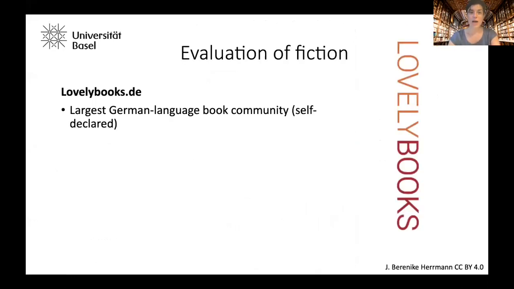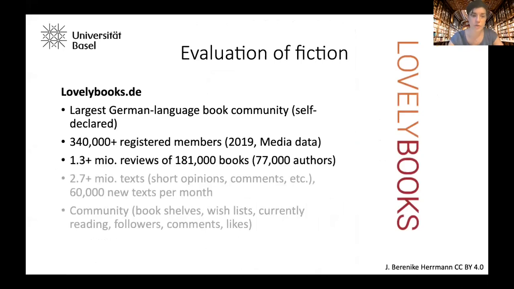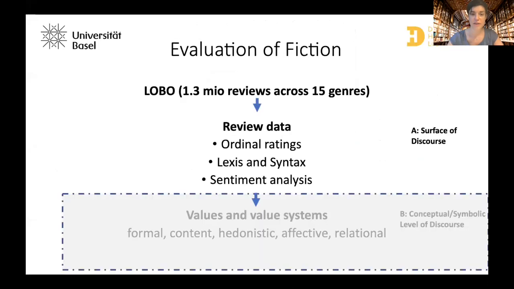Okay, so on to our corpus. We built this corpus from this webpage, which is of course growing, but at a certain point we decided, okay, this is it. We have 1.3 million reviews across 15 genres, so readers' reviews on the genres.